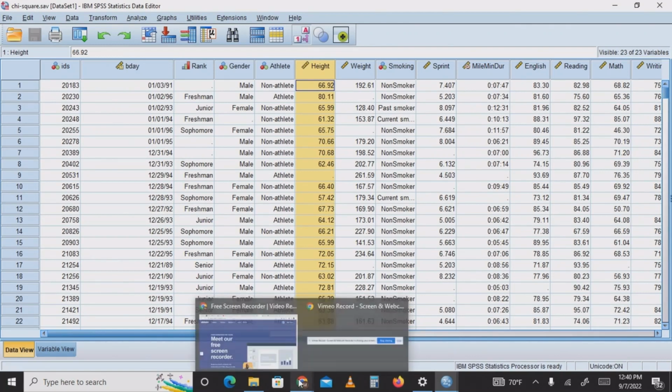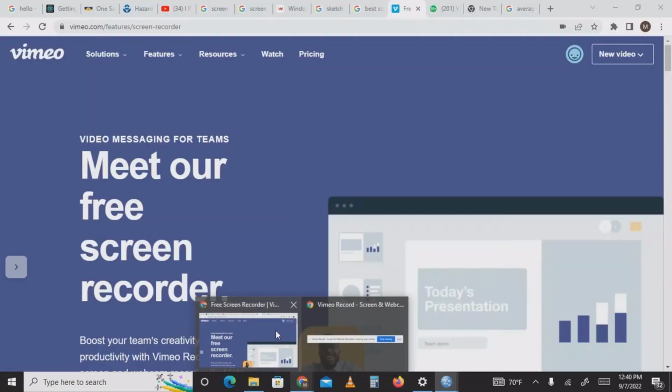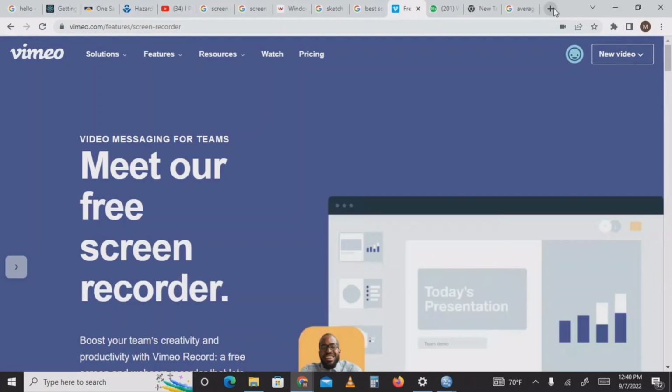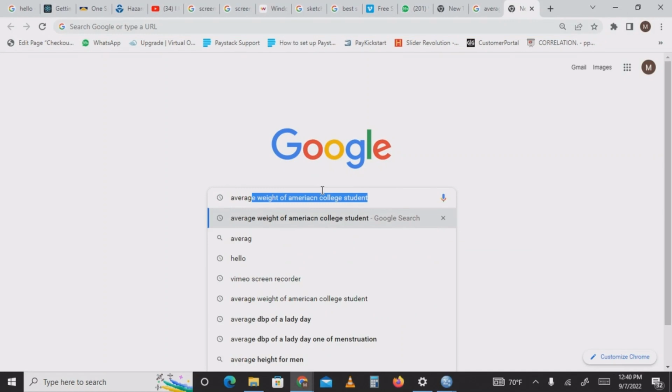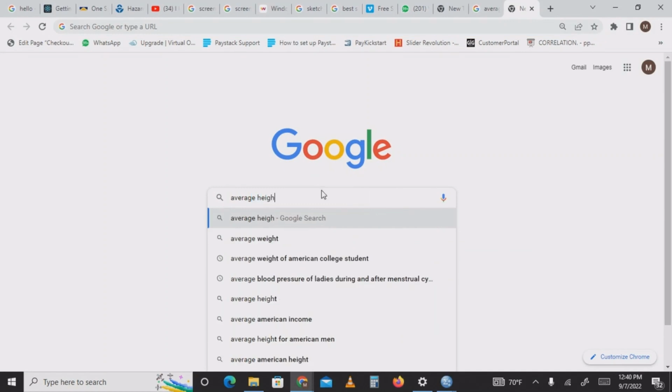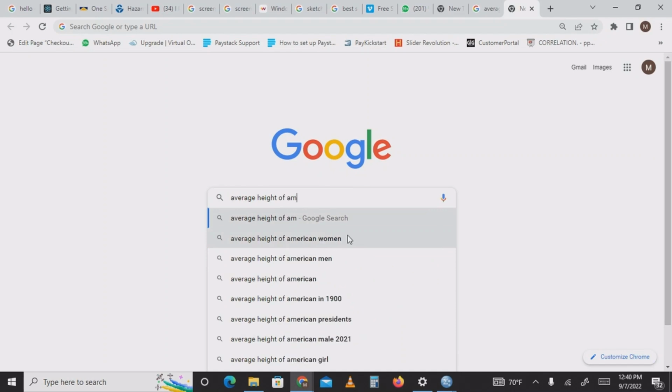Let's check what is the average height of students in the United States. Average height of American college student.